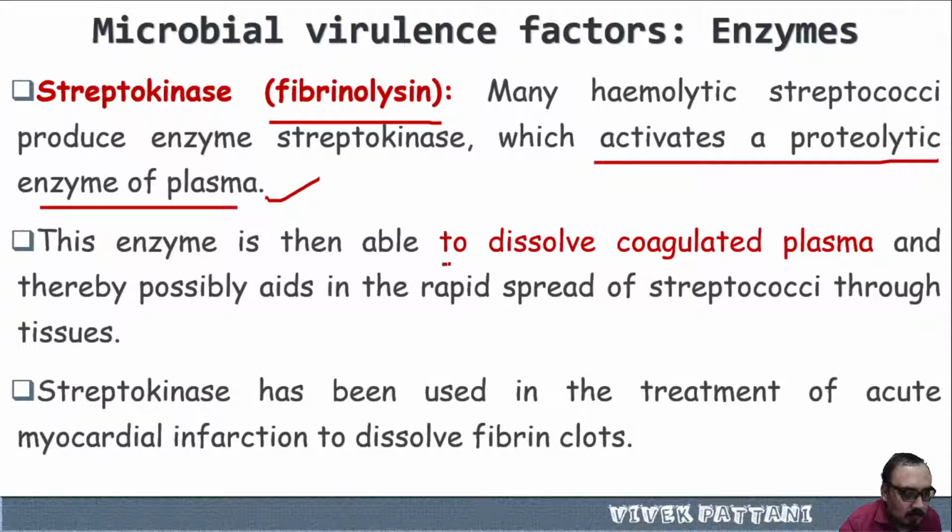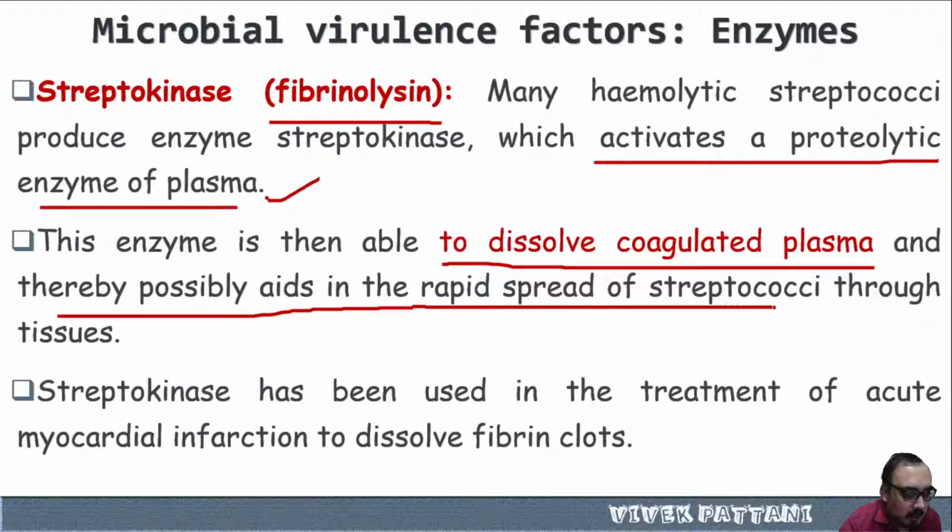This enzyme is able to dissolve coagulated plasma and thereby possibly aids in the rapid spread of streptococci through the tissues. Whatever plasma is present is broken down by this enzyme.